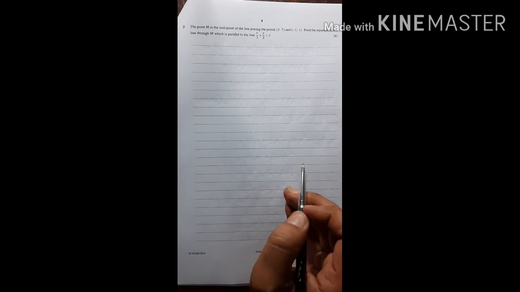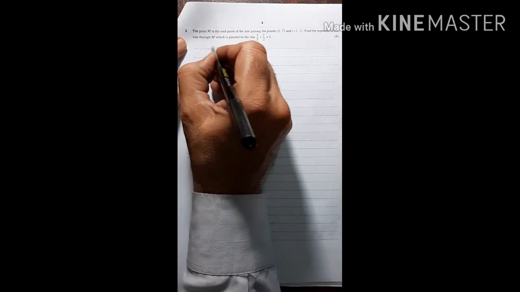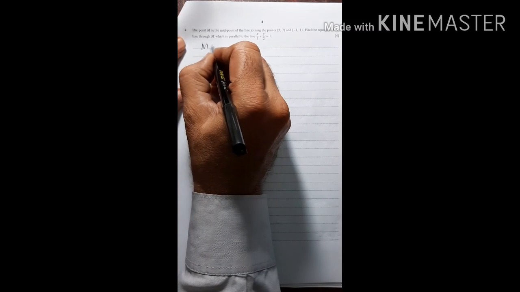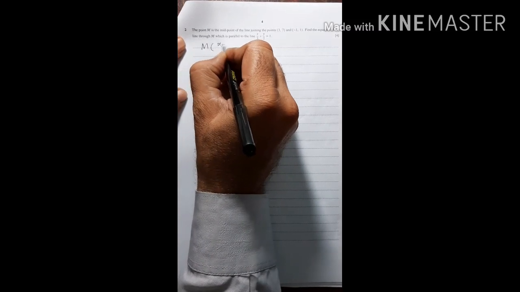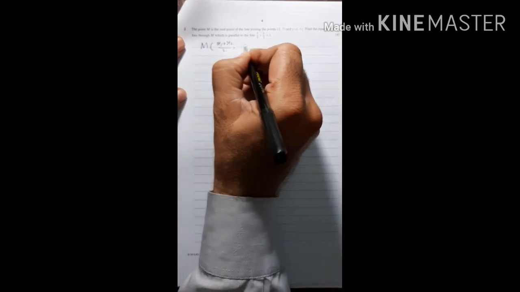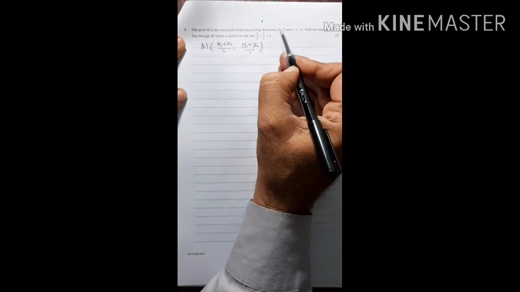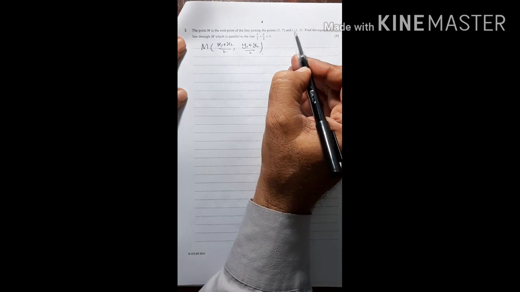First of all we'll find out the midpoint. I hope all of you know the formula for the midpoint, which is M = ((x1 + x2)/2, (y1 + y2)/2). So this is your x1, y1, and this is your x2, y2.